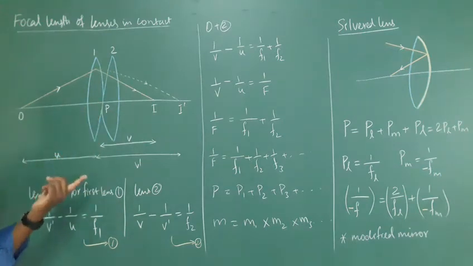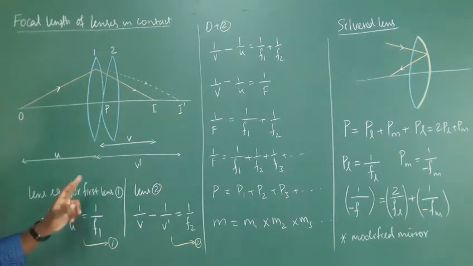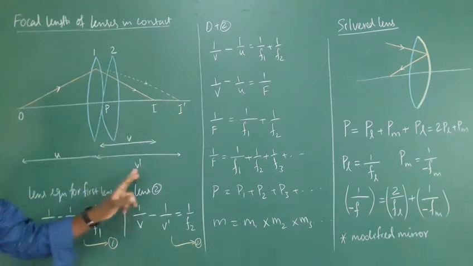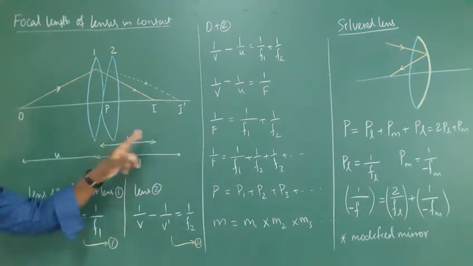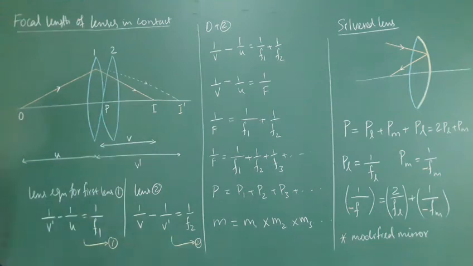Here PO is the object distance U, the image distance for the first lens is V dash, and PA is the final image distance V. The lens equation for lens 1 is 1 by V dash minus 1 by U equal to 1 by F1, where F1 is the focal length of the first lens.